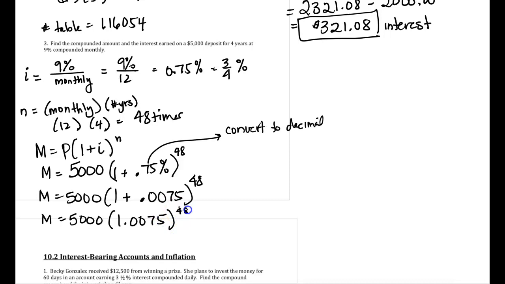Following order of operations, I'm going to add inside the parentheses first, and now I'm going to use my calculator to calculate 1.0075 to the 48th power. I'm going to write down all the decimals that my calculator gives me. 1.4314053333.